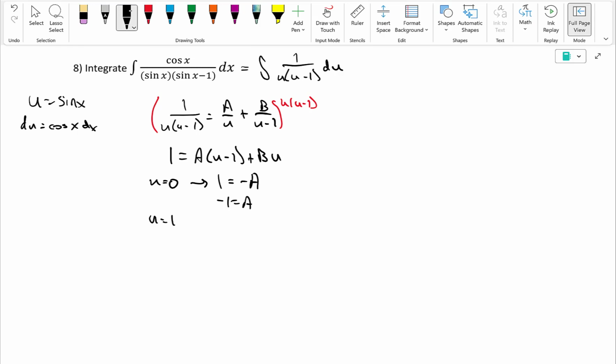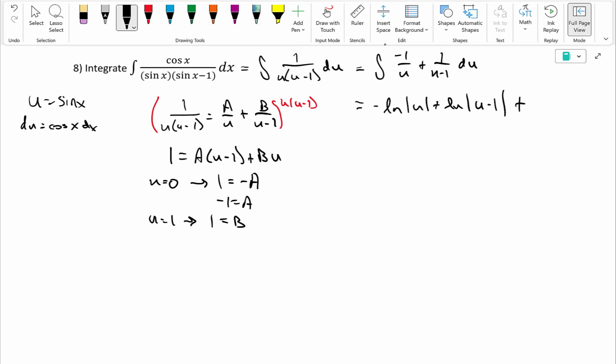If u equals 1, we get 1 equals b. So we can rewrite our integral one more time as the integral of, a was -1, so -1 over u plus 1 over (u minus 1) du, which will give us minus natural log of u plus natural log of (u minus 1) plus c, or minus natural log of sine x plus natural log of (sine x minus 1) plus c.